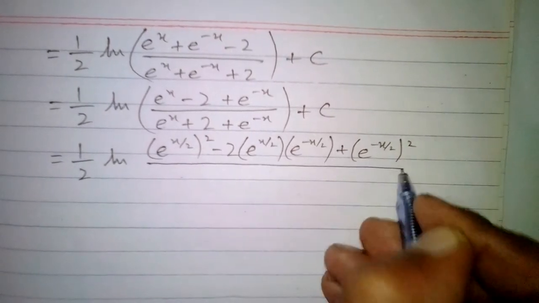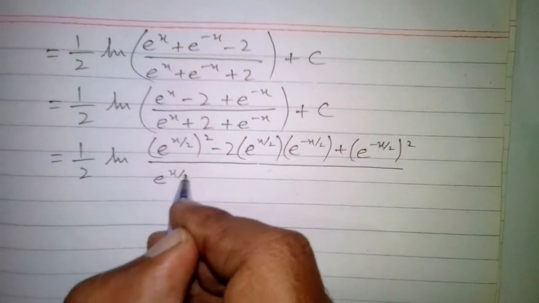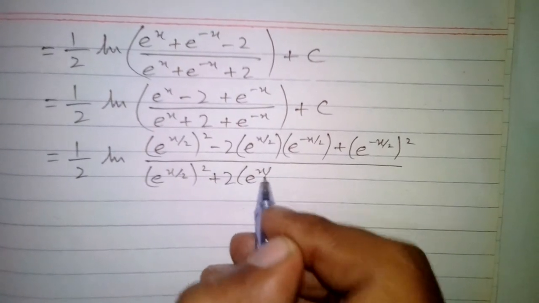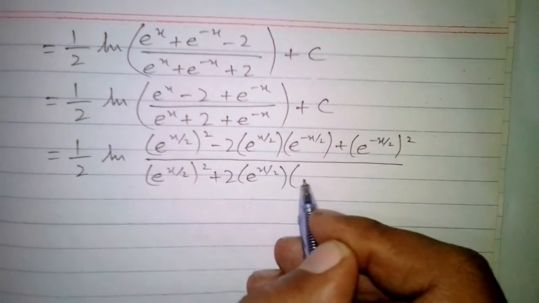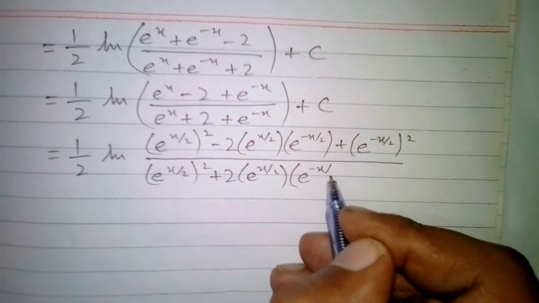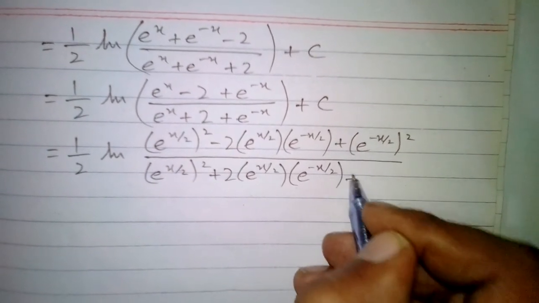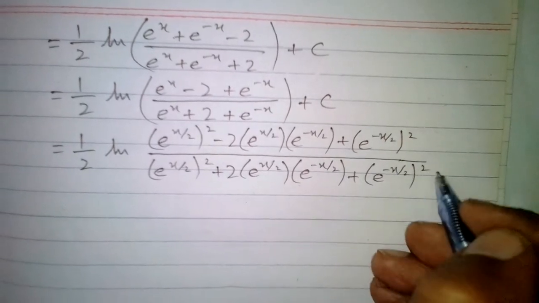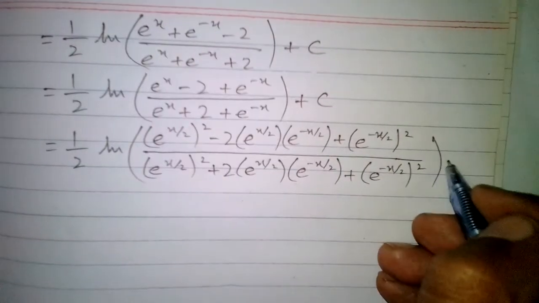Similarly, in the denominator we can write e to the power x upon 2 whole square plus 2 times e to the power x upon 2 times e to the power minus x upon 2 plus e to the power minus x upon 2 raised to the power 2 plus c.